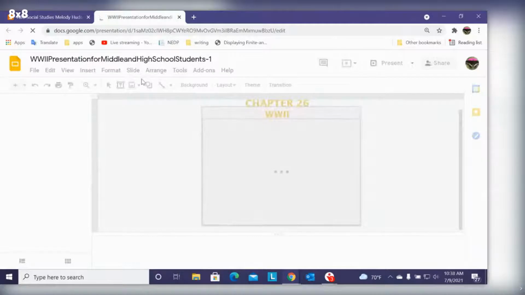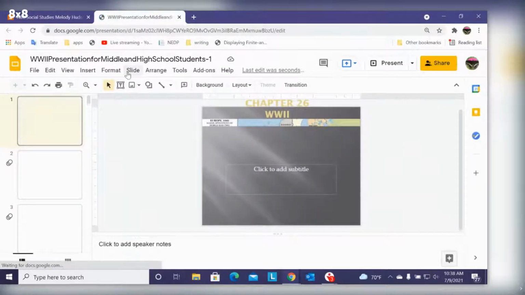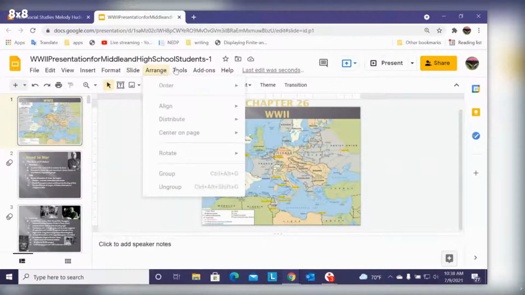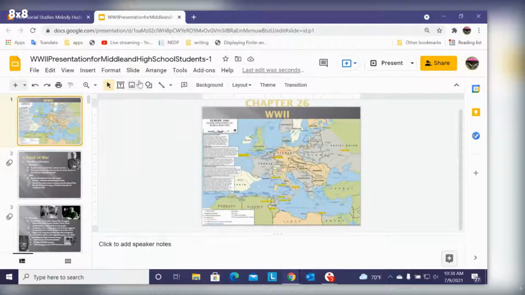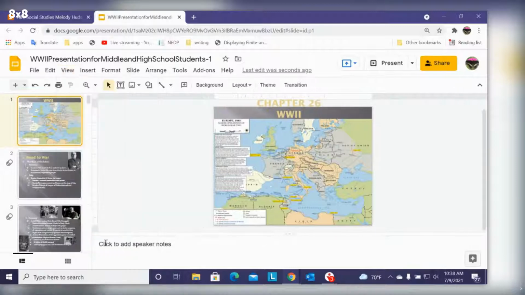We got a new computer system. Full screen.